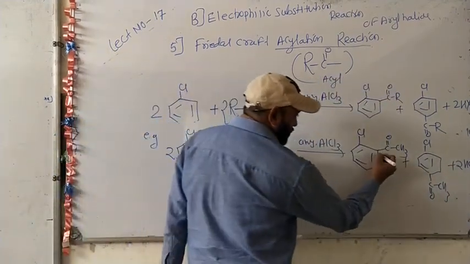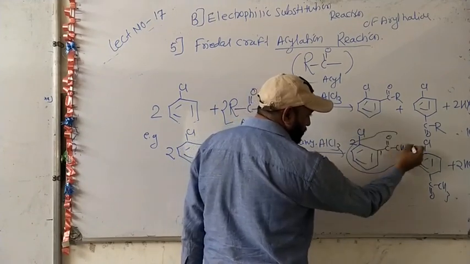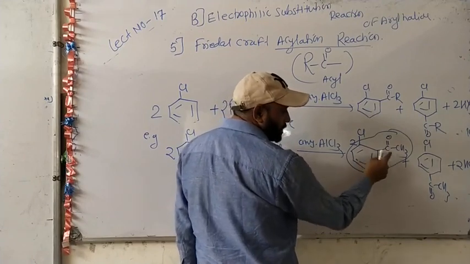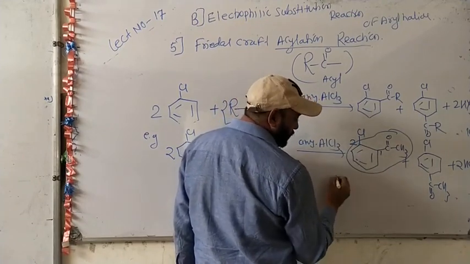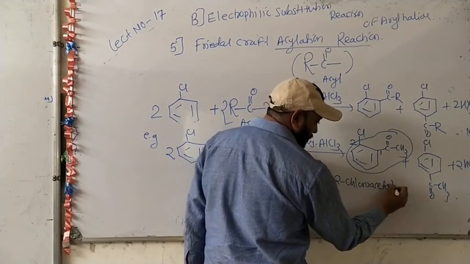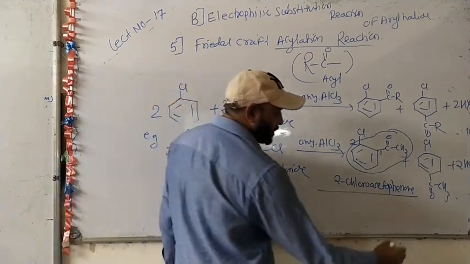So this is the main functional group. This is second. So what is the name of this compound? It is called acetophenone, an aromatic ketone. So 2-chloroacetophenone is formed.